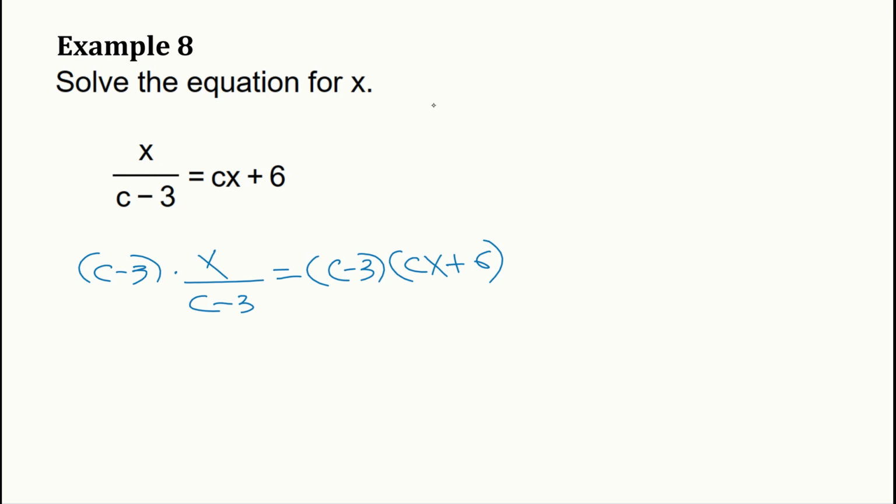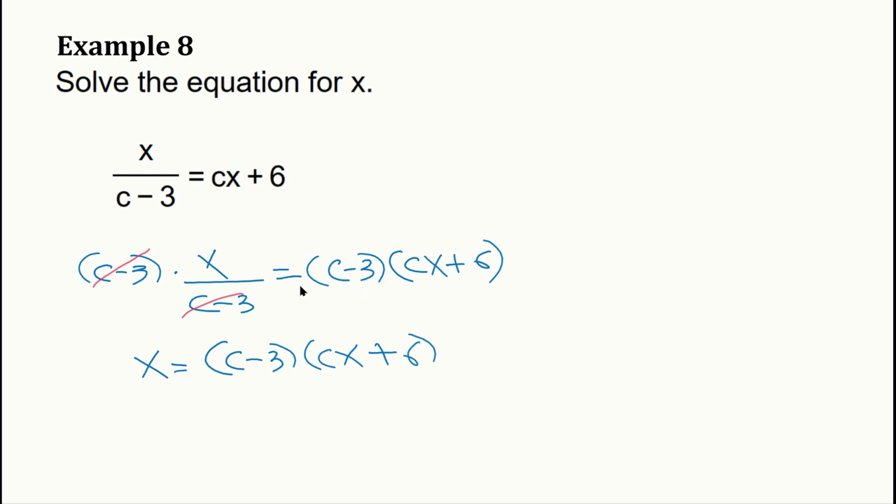Now we notice that on the left hand side, the c minus 3's will cancel out. So now we have x equals quantity c minus 3 times quantity cx plus 6, right?